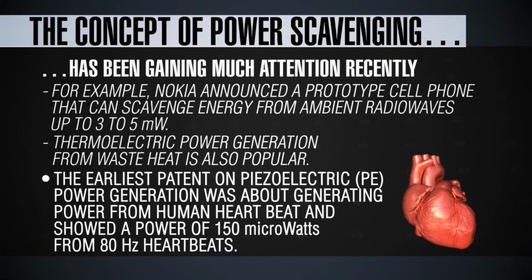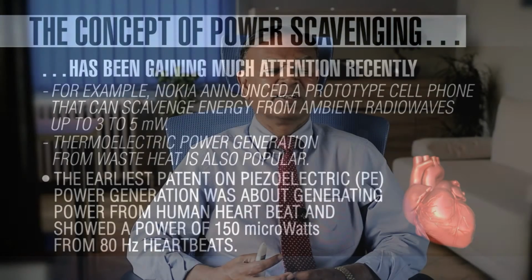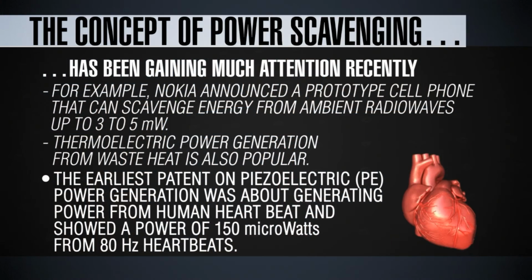If you apply a voltage to the piezoelectric material, that can produce strain in the material. The earliest patent on piezoelectric power generation exploited the human heartbeat, and it showed a power of about 150 microwatts from 80 hertz heartbeats. So the vibrations can be used to generate power.